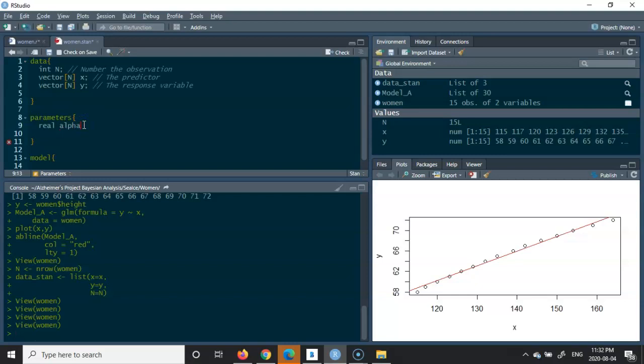So the parameter alpha defines the slope of my model, and it's a real number. Remember to put a semicolon to close that line, and I'm going to add a note: the parameter for the slope. That's crucial.